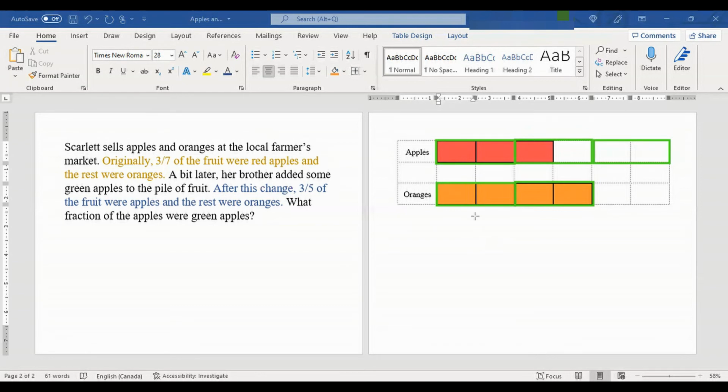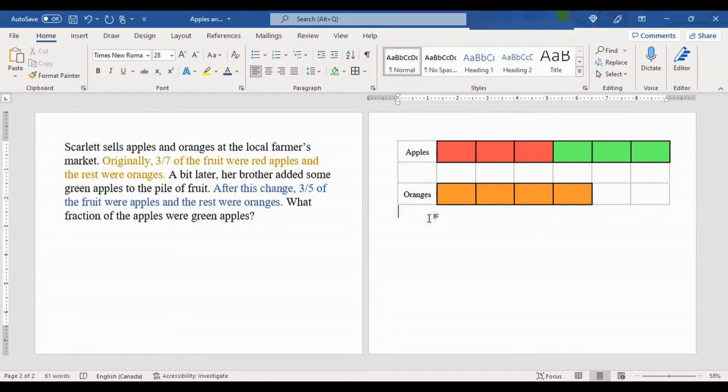And for them to be 3/5, the 3 cells right here have to be our number of green apples. So we're going to fill in these 3 cells here green, to show that they are green apples. And there, now our table looks fine according to the blue sentence. Very nice table.